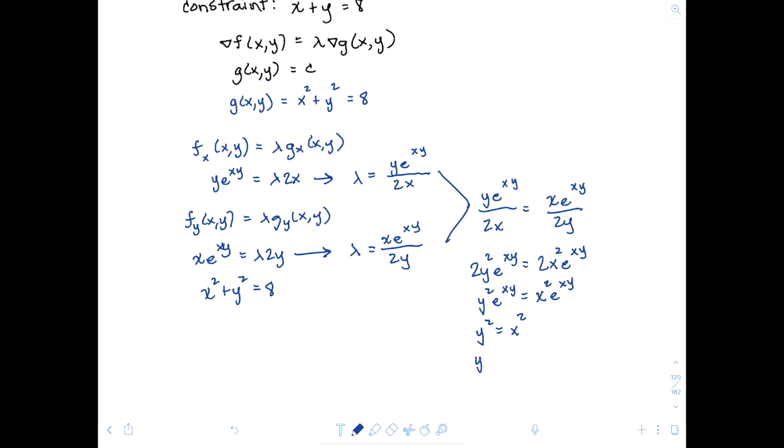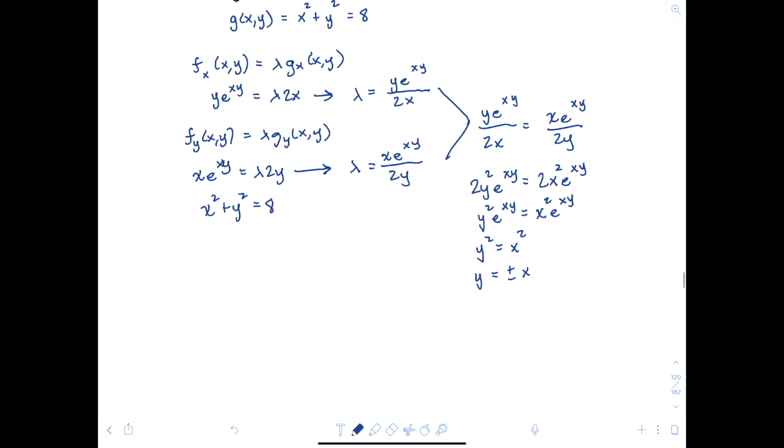And so y would equal plus or minus x, but x is positive, so we'll say that y is equal to x. Cool?